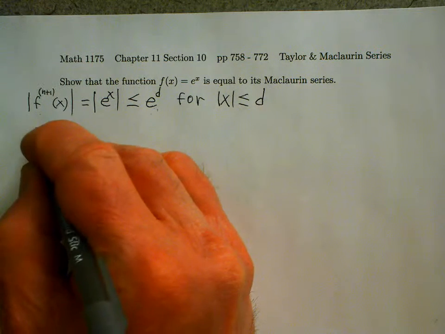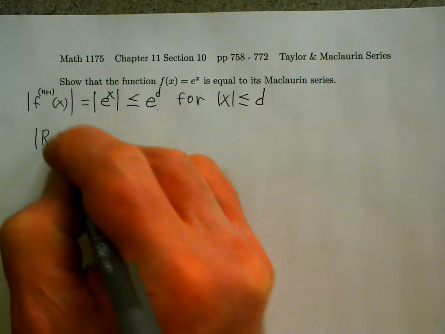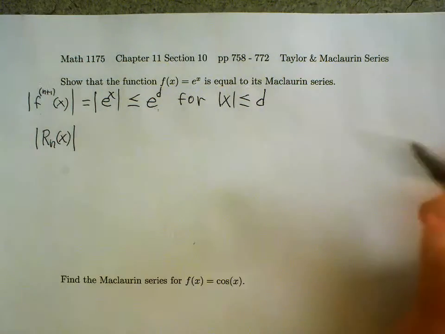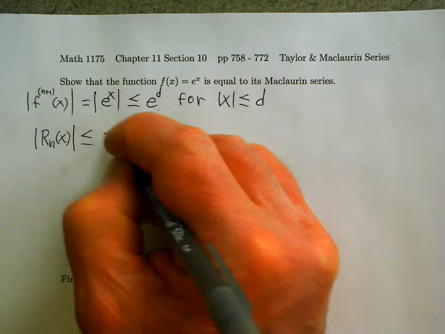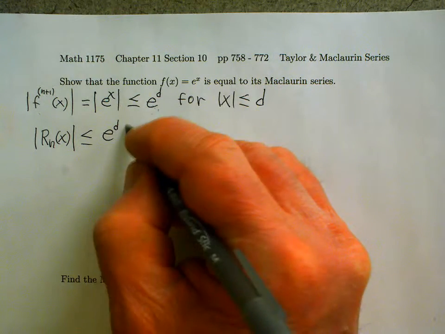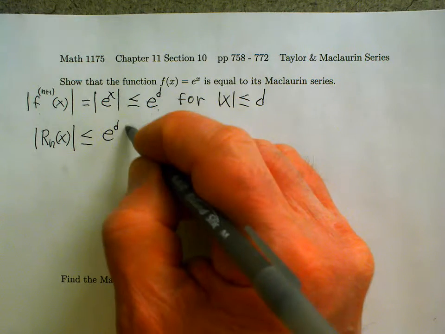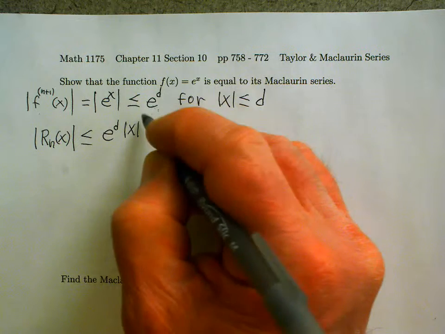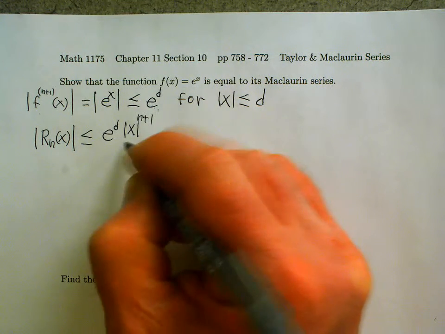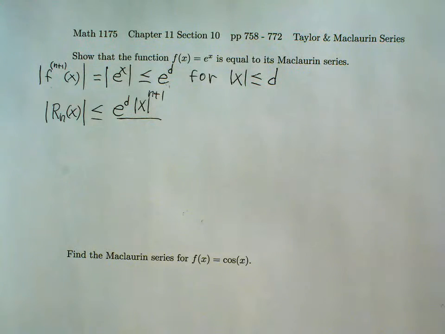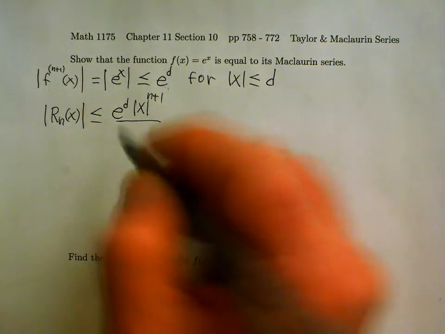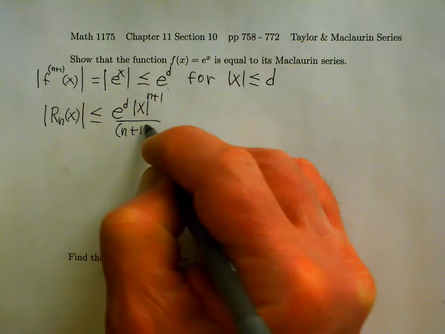So that means the absolute value of the remainder is less than or equal to e to the d times the absolute value of x to the n plus 1 over n plus 1 factorial.